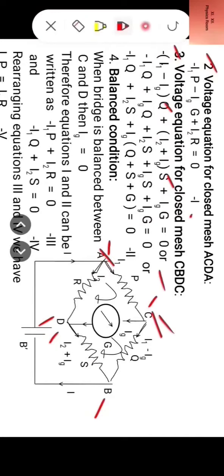Similarly here also we open the bracket, plus I2S plus IGS plus IG into G equal to 0. On simplifying we write minus I1Q plus I2S plus IG into Q plus S plus G, bracket closed, equal to 0. So let us mark it as equation 2.